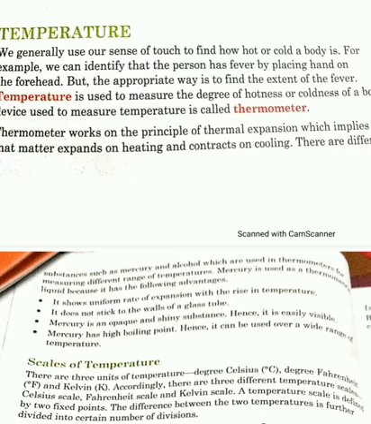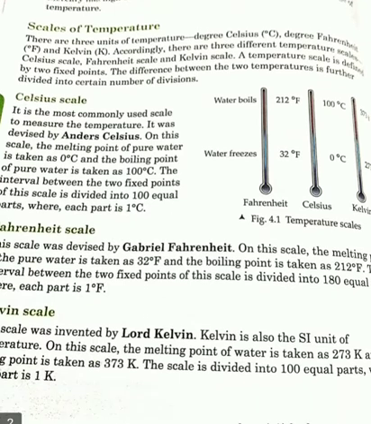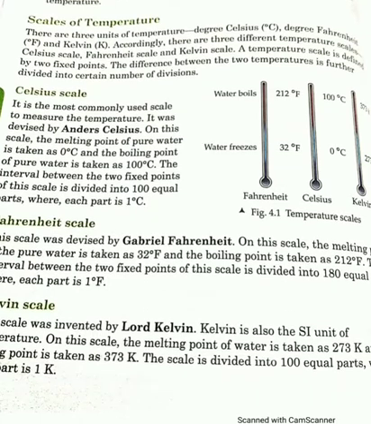Up to here we have completed, and we have done advantages of thermometers which are made up of mercury, isn't it? And we were doing different scales of temperature, and I have explained that we have three different units of temperature. First one is degree Celsius, then degree Fahrenheit, then degree Kelvin.